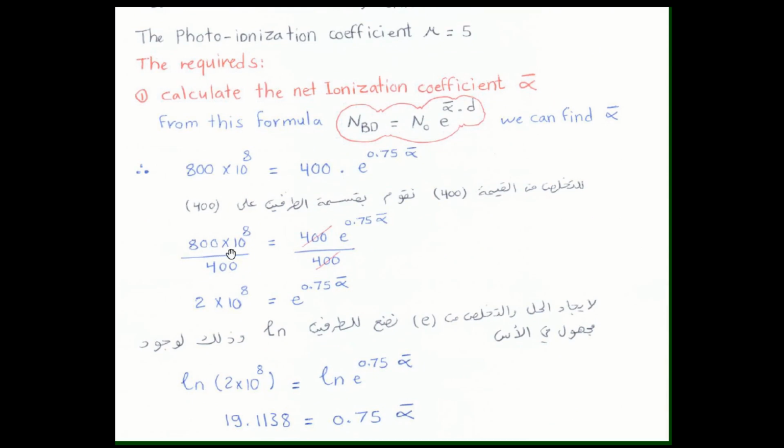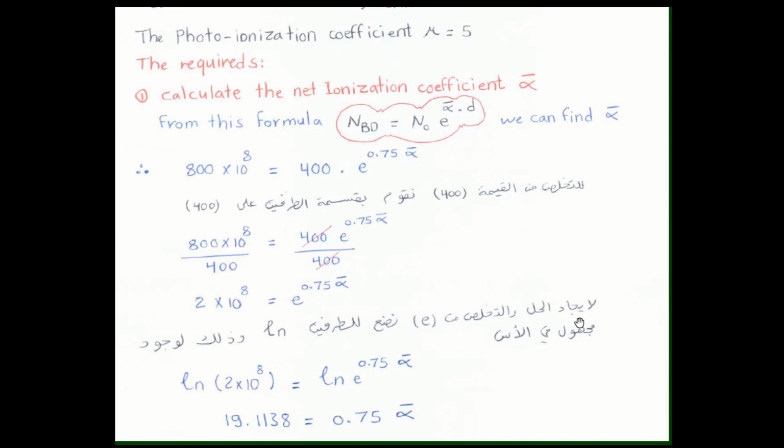So 800 into 10 to the power 8 divided by 400 equals 400 divided by 400 into e to the power 0.75 into net ionization. After dividing both sides by 400, the first side will be 2 into 10 to the power 8, equal to e to the power 0.75 net ionization.